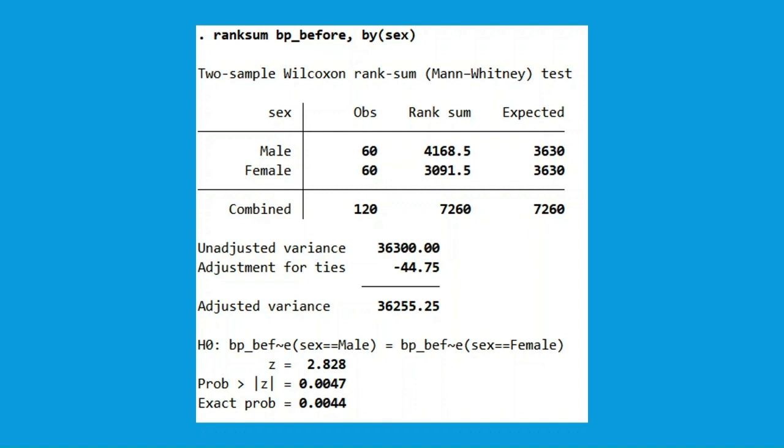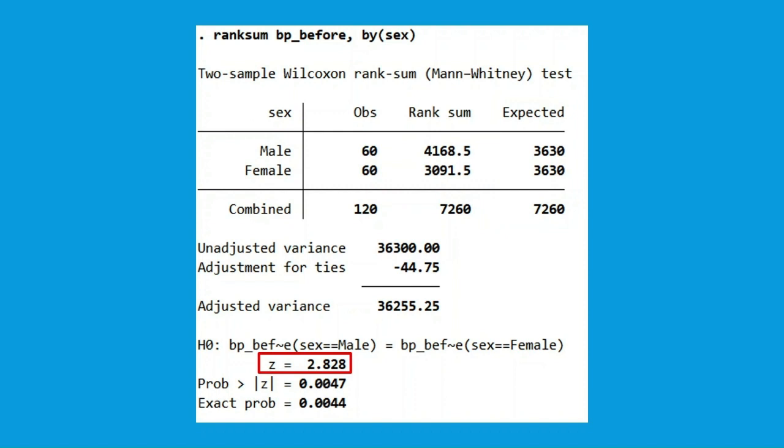What they really assess is the rank sums. So here we can see the number of observations, the rank sum for each group and the combined, and the expected values. This is usually not very important for the interpretation of the test, but it's really important to understand what it is.